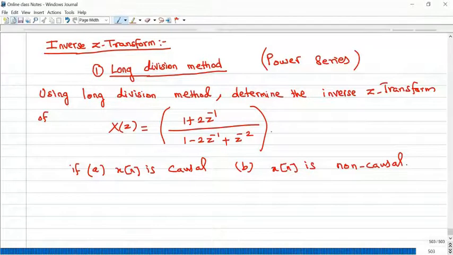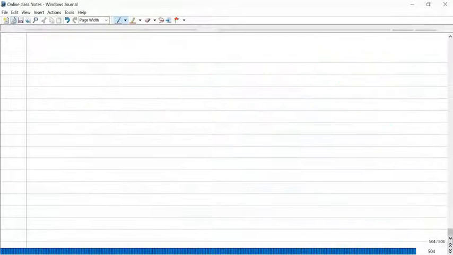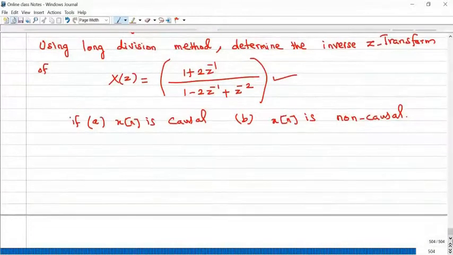You convert the given expression into a constant 1 plus z power minus 1 plus z power minus 2 and so on. Denominator also the same thing. So it's better to convert the given X of z to this particular format, the 1 plus z power minus series format, by multiplying numerator and denominator with the appropriate value.